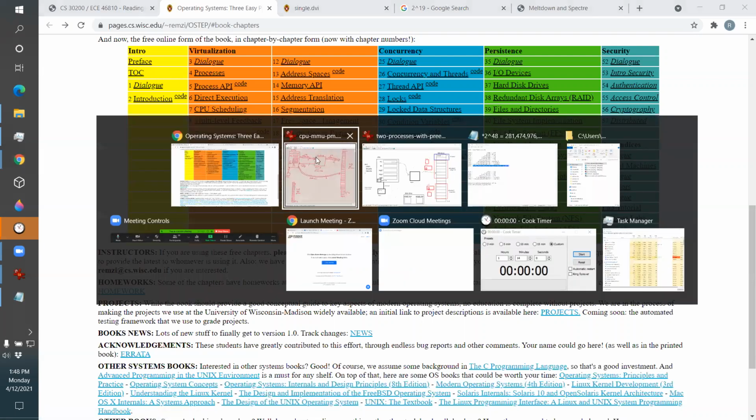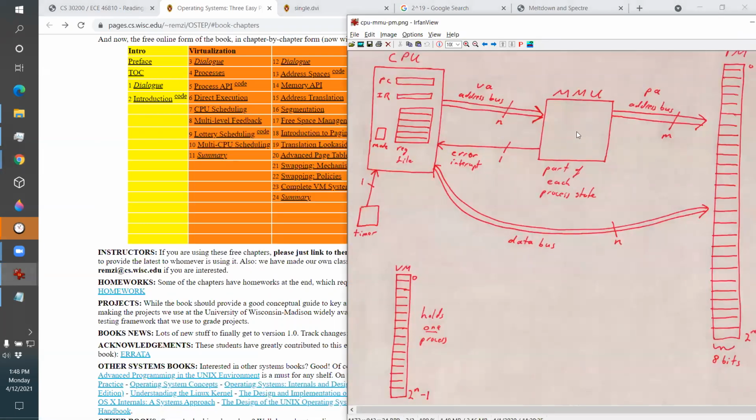So we're going to fill in this box here with base and bounds, then with segments, then with paging.